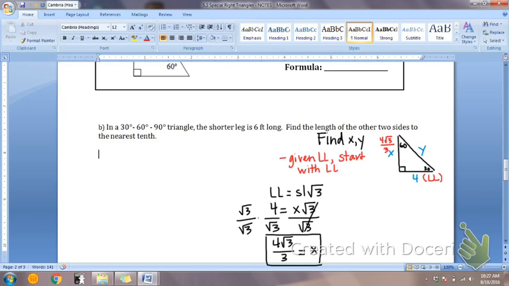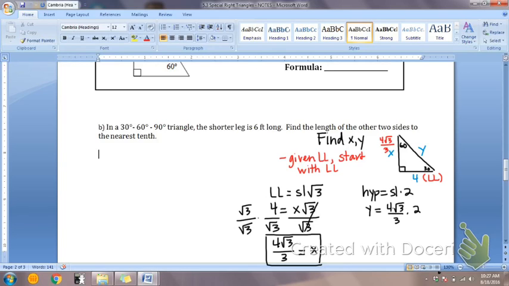Now I can find y by using hypotenuse equals short leg times 2. Well, my hypotenuse is y. My short leg is this big thing, and I am going to write this, 4 radical 3 over 3 times 2. How are we supposed to handle that?